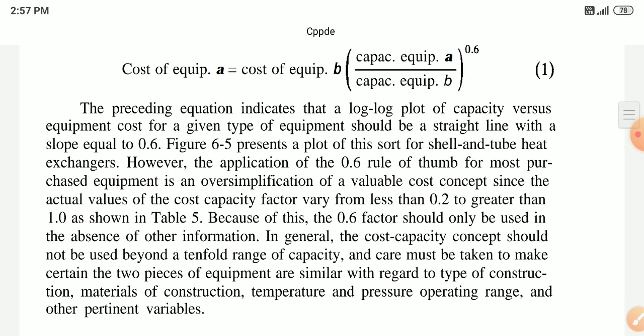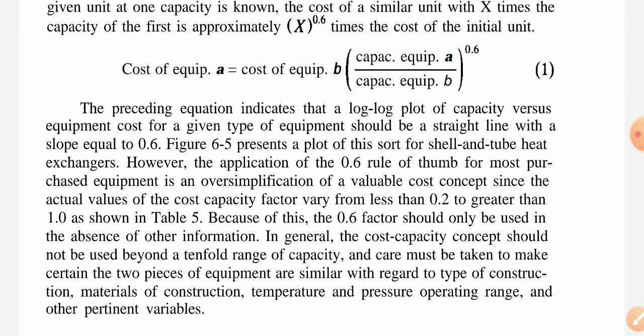The preceding equations indicate that the log plot of capacity versus equipment cost for a given type of equipment should be a straight line with a slope equal to 0.6. Figure 6.5 presents a plot of this sort for a shell and tube heat exchanger.